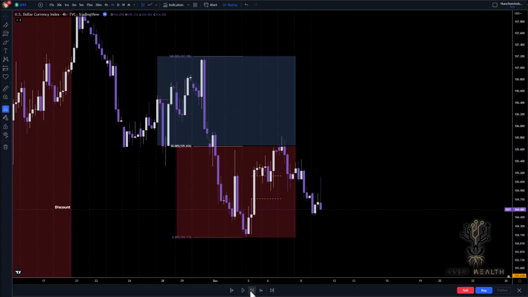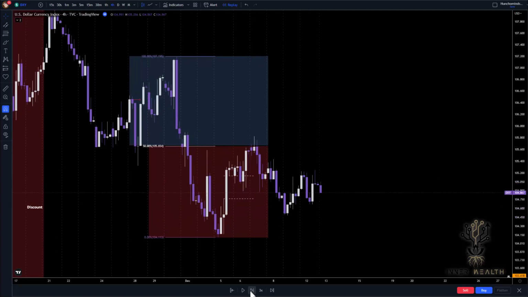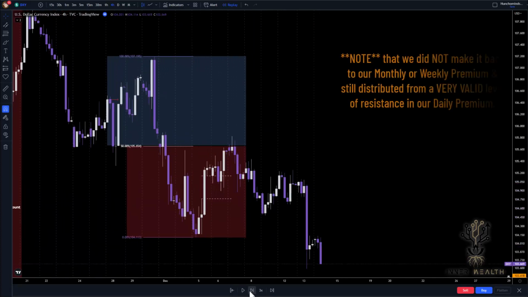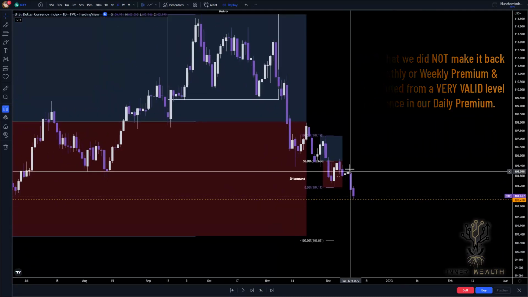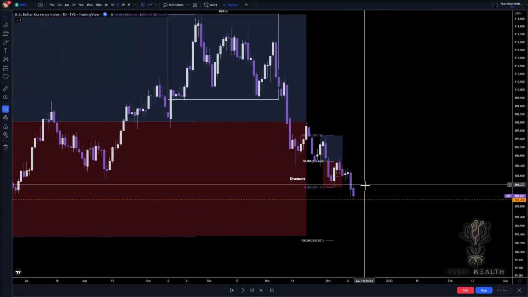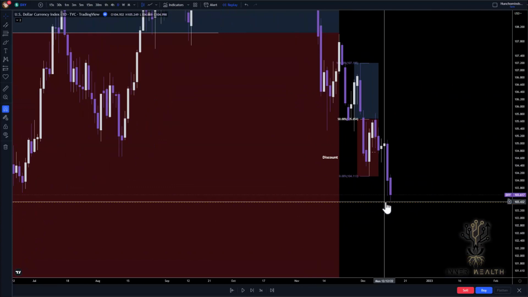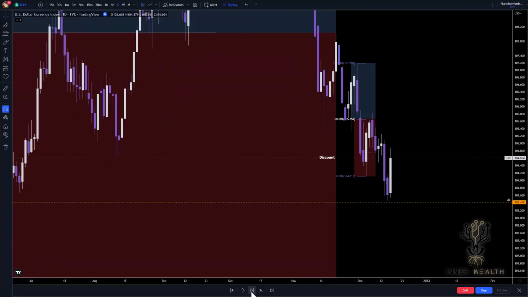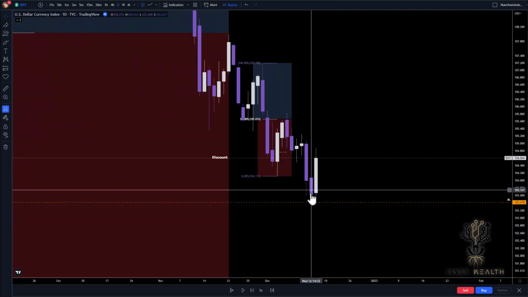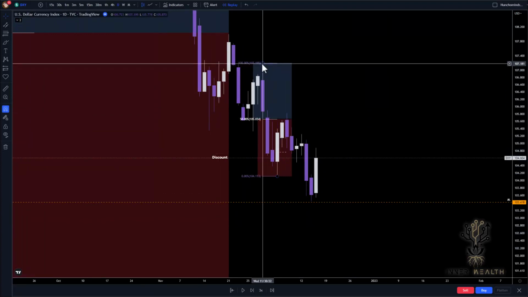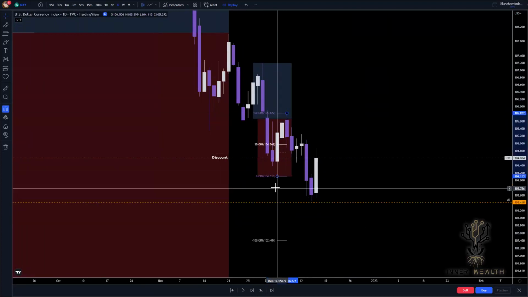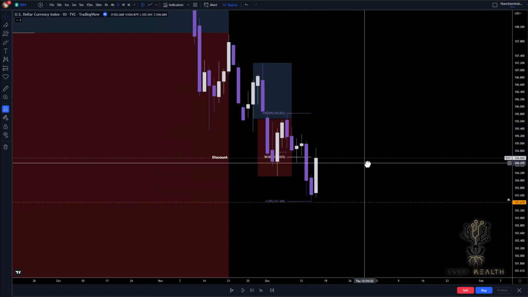Okay, and within this range, I believe we did trade quite a bit. Let me go back to right here, coming down deeper and deeper into that monthly, and notice like we just avoid it completely. So now let's go do this again. This is our whole daily range from that high to this low.